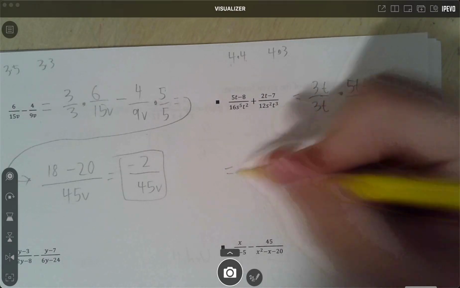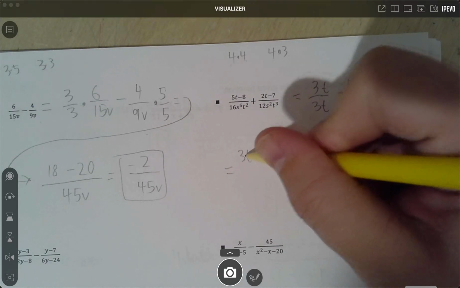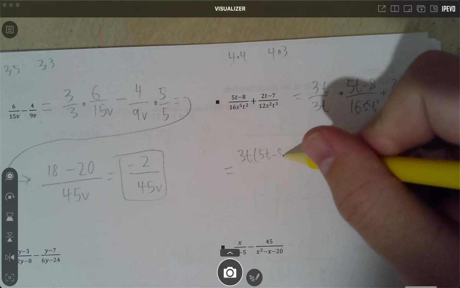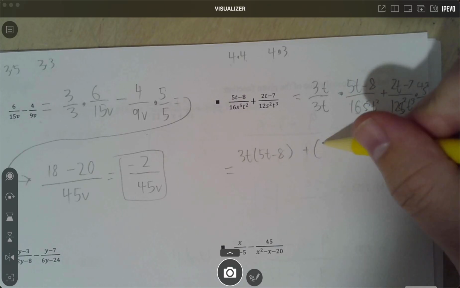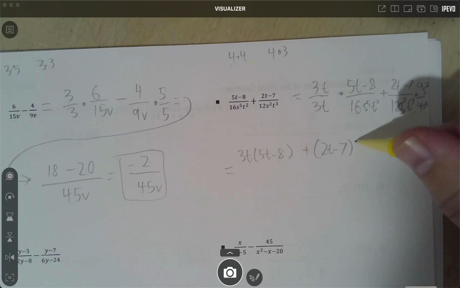So let's see what we have now. Let's work that out. I'm going to write it like this, just because that was getting a little small. Plus 2t minus 7 times 4s cubed.